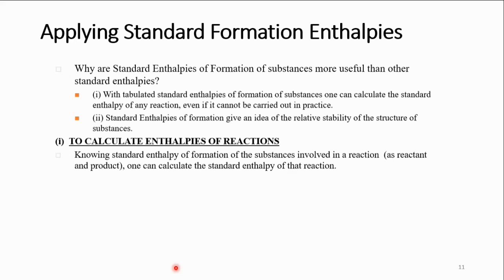To calculate enthalpies of reaction, knowing the standard enthalpy of formation of the substances involved, one can calculate the standard enthalpy of the reaction. For example, propane. We did this example just now. If you know the enthalpies of formation for the reactants and the products, you can easily calculate the enthalpy change for the reaction.